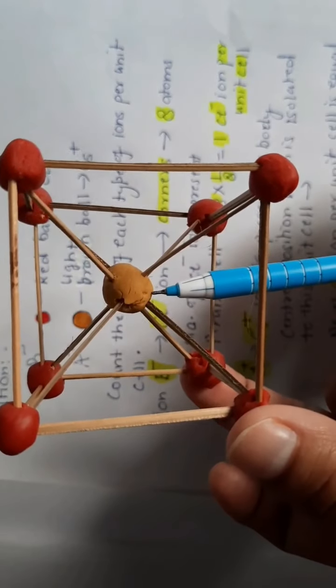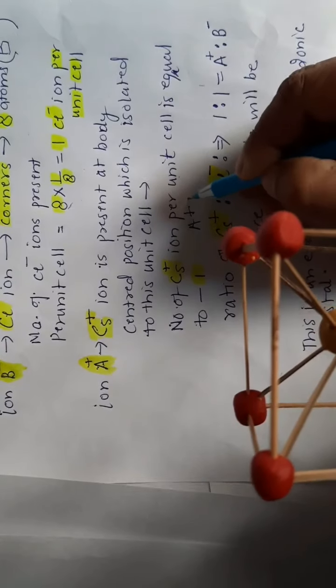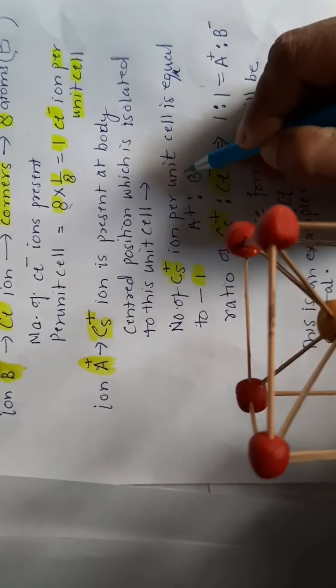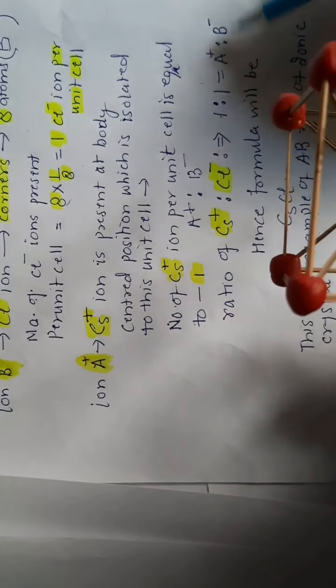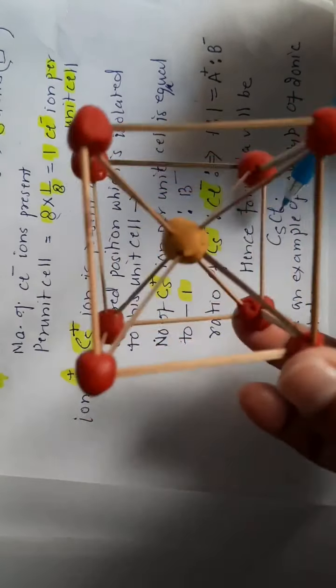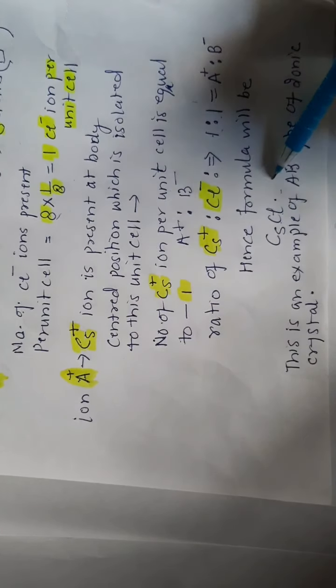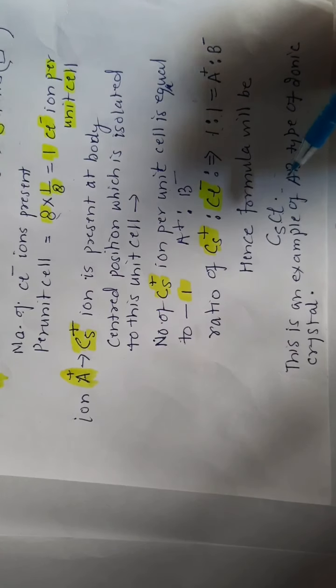So the ratio of A plus ion to the B minus ion will be equal to 1:1, and hence the formula of the compound will be AB. For example, the ratio of cesium ion and chloride ion comes out to be 1:1, and the formula of the compound is CsCl.